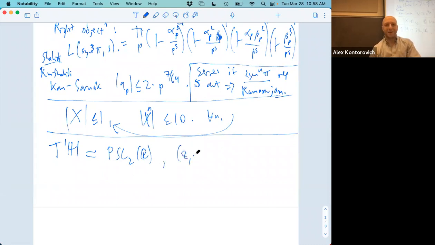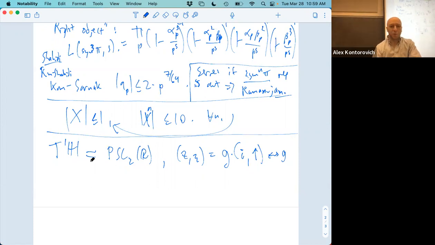We had a point z and a tangent vector eta, and these could be gotten from taking i and the tangent vector straight up, and acting by an element of PSL2R. So an element g is identified with g acting on i up, and you can reach any point in the upper half plane and any unit tangent vector at that point.